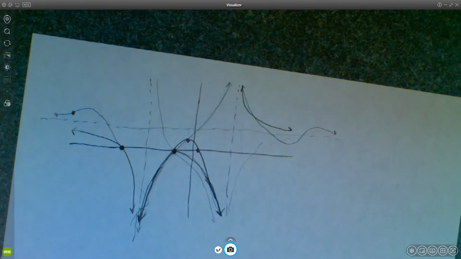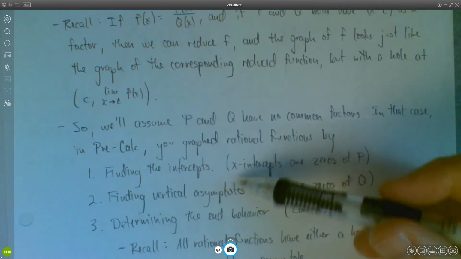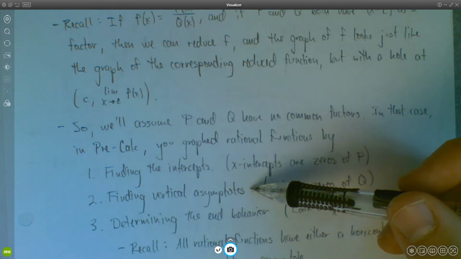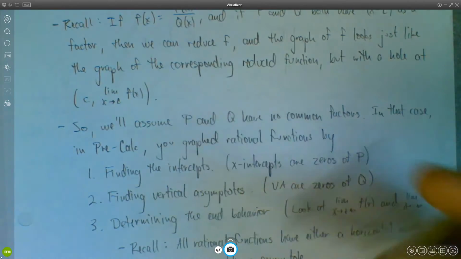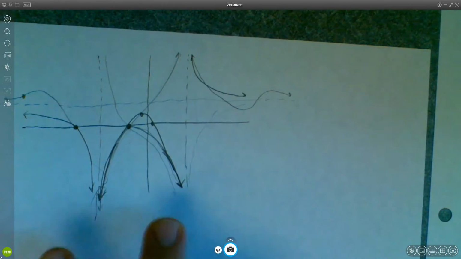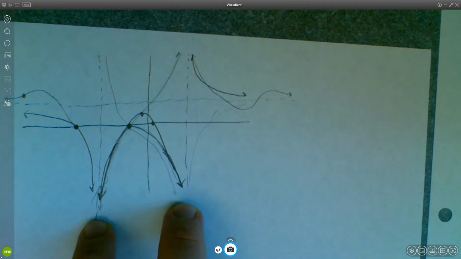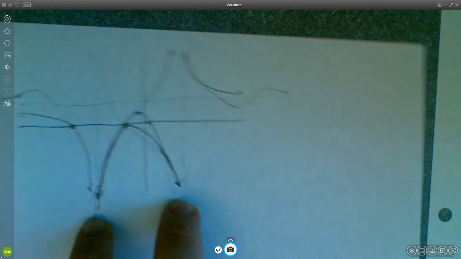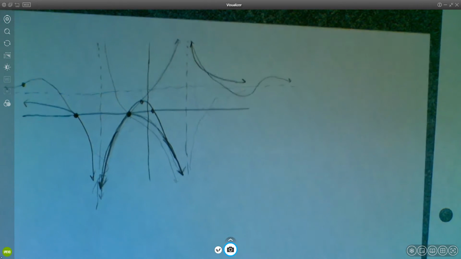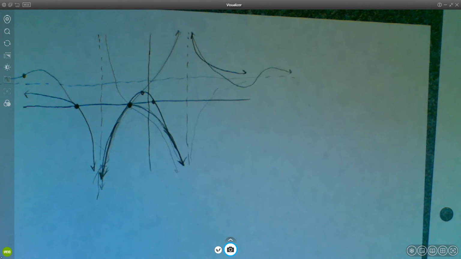So once you've done your due diligence of finding x-intercepts, finding vertical asymptotes, and determining end behavior, that gives you a lot of framework to have some sense for what's going on. And then, just to get additional understanding of the function, we'll do the first derivative test to find relative extrema.